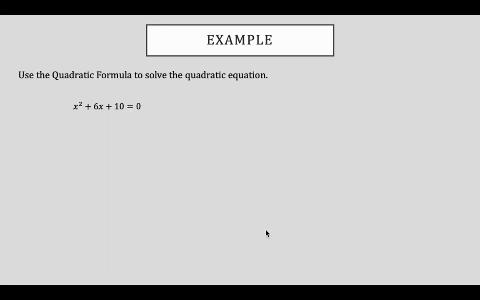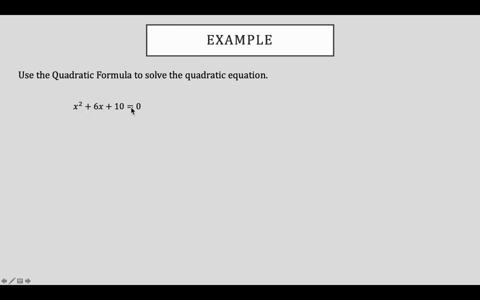So this says use the quadratic formula to solve the quadratic equation. Here we are trying to find the zeros of a quadratic. And whenever you go to find the zeros of a quadratic, the very first thing you should look to do is to factor. However, in this case, notice that there aren't any factors of 10 that add to give us negative 6.